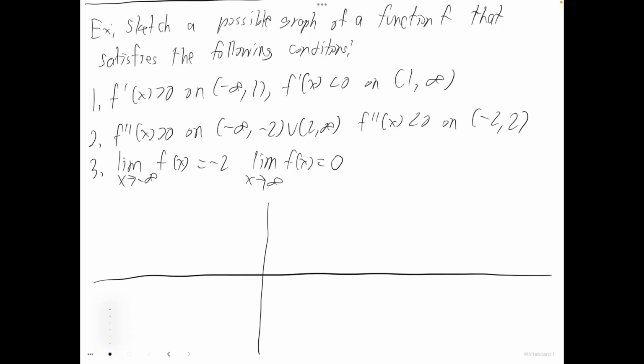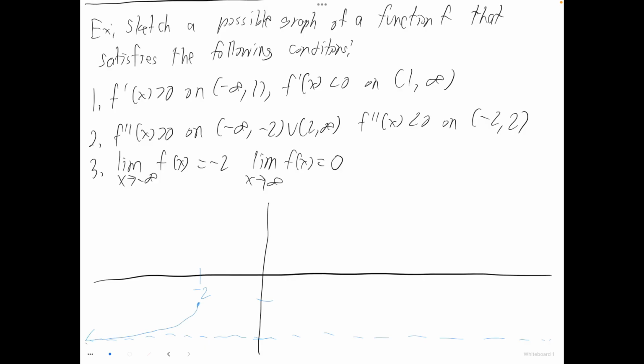And so let's sketch this idea. It's usually easiest to draw the horizontal asymptotes first. So we know we have a horizontal asymptote at -2 on the left. And so the graph to the left is going to have to be increasing and concave up, because it's concave up on negative infinity to -2, but it has this horizontal asymptote.